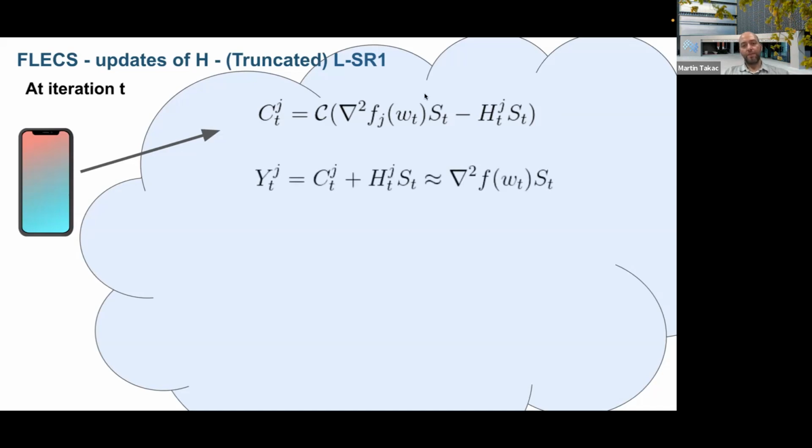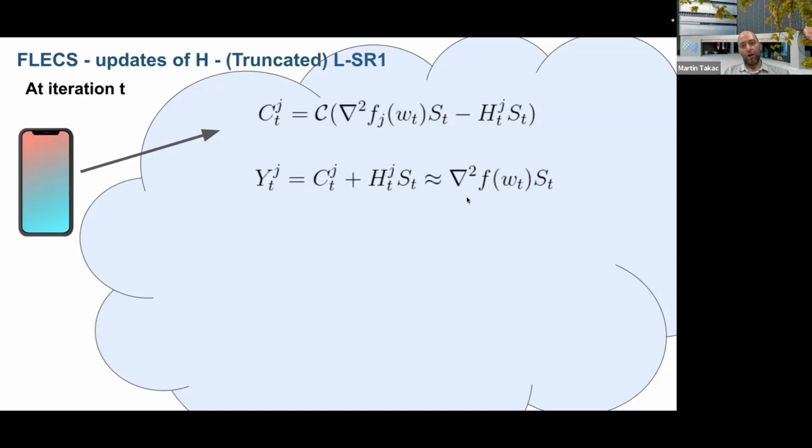First of all, if I define this y to be the message plus this, again, if I don't do any compression, then y will be hashing times S, okay? Again, think about this one. If I don't do any compression, then the message I receive from the server, if I also add my estimate, will be nothing else but the full hashing times S, right? If you use compression, this will be slightly different, okay?